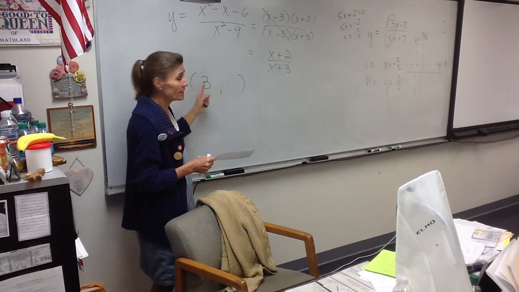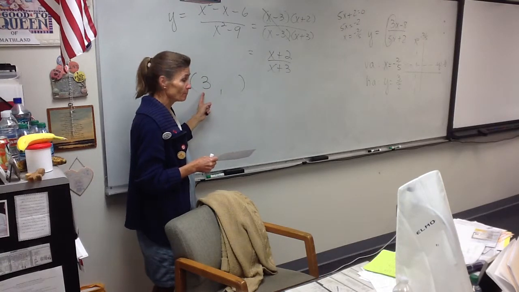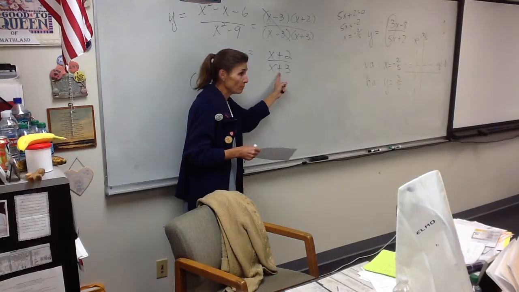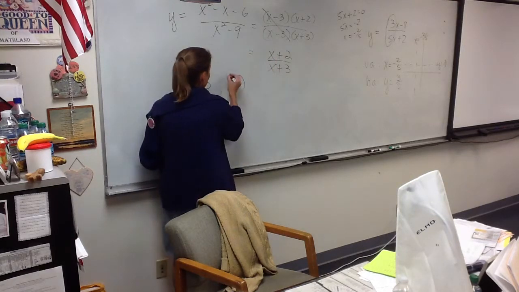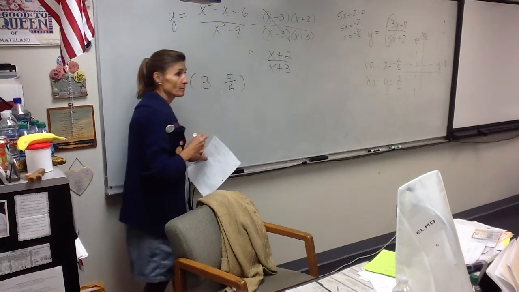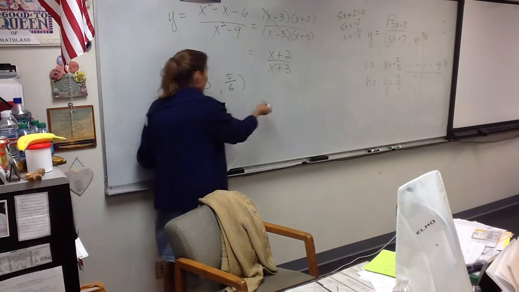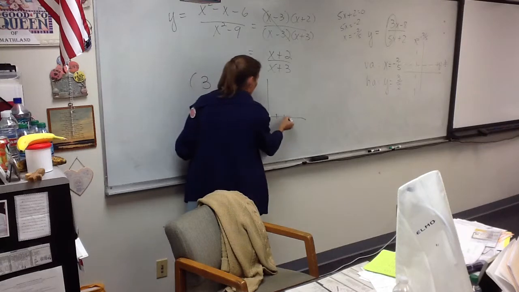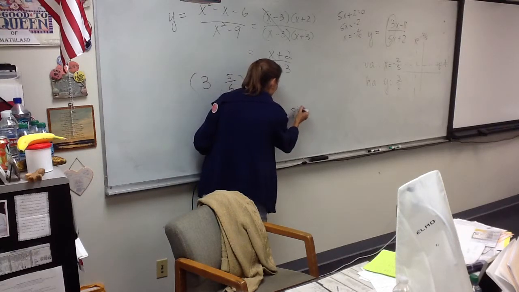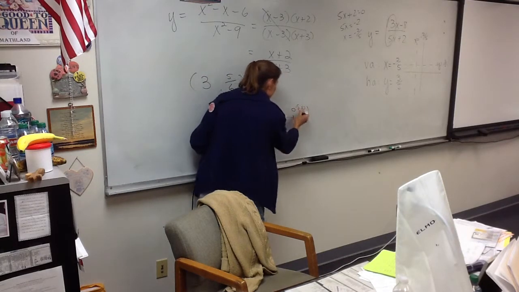That isn't where you plug it in. Where do you plug the 3 in? The new problem, right? So we plug in 3 and it looks like we get 5/6. So if we were graphing this problem, which we're not, but if we were, we would put an open dot at (3, 5/6).